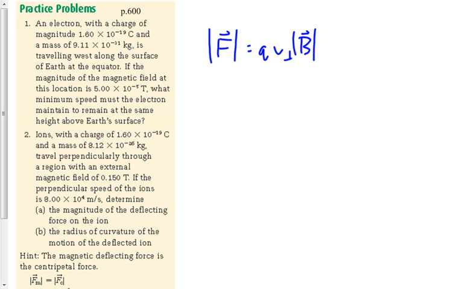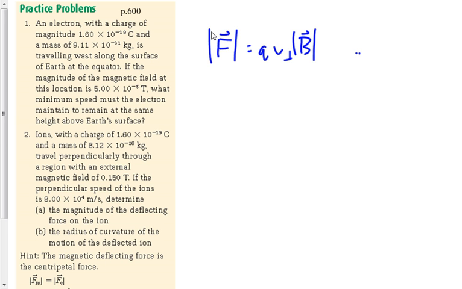Now, both of those things that I just told you are perfectly valid every time you have a problem in which the particle is moving perpendicular to the magnetic field. If it's not moving perpendicular to the magnetic field, the hand rule and this equation are not valid. But the only other situation you'll see is if they're parallel. And if they're parallel, we don't need an equation, we don't need a hand rule.